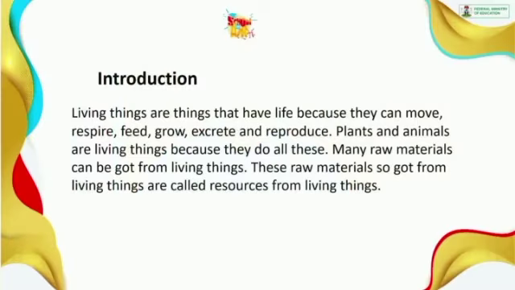Another attribute that plants and animals undergo is growth. Plants grow from a little seed to a big tree, depending on the type of growth they undergo. So plants grow. Animals too, they grow.